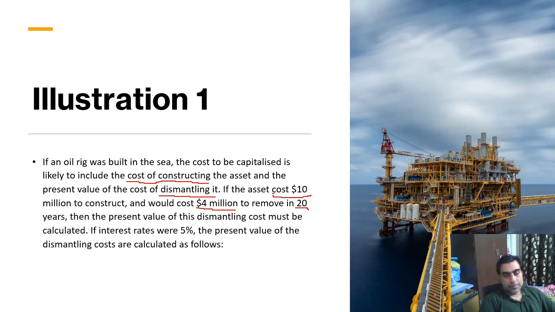Then that means we have to calculate the present value of this cost. The 4 million is after 20 years, so what will be the price at present? For that we have to calculate the present value factor. The rate is 5%, so we use the formula 1 by 1 plus 5% to the power 20.